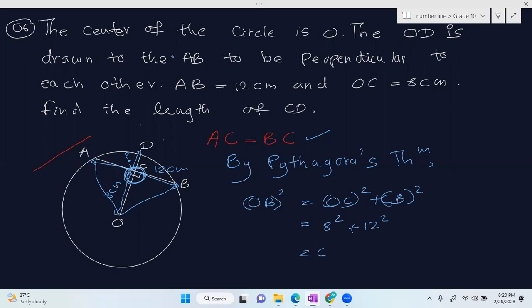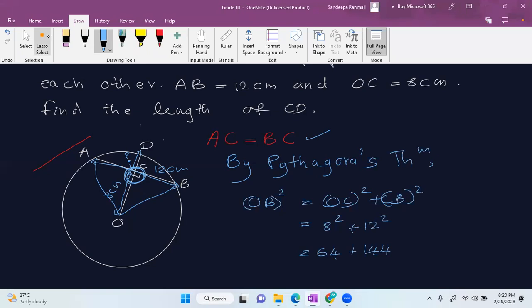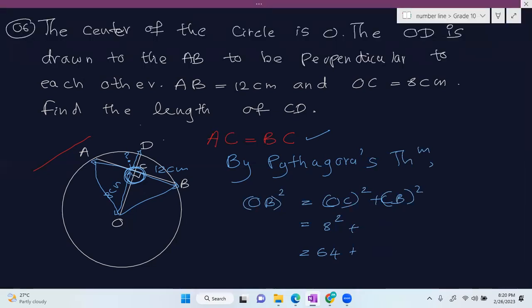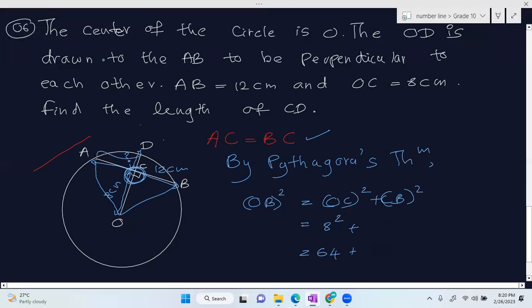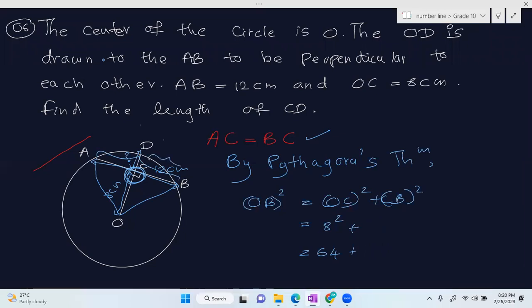Oh, sorry, here CB is 6 centimeters, because they have given AB equals to 12 centimeters, no? Then CB is equal to what? It is 6 centimeters. It is half of the AB.